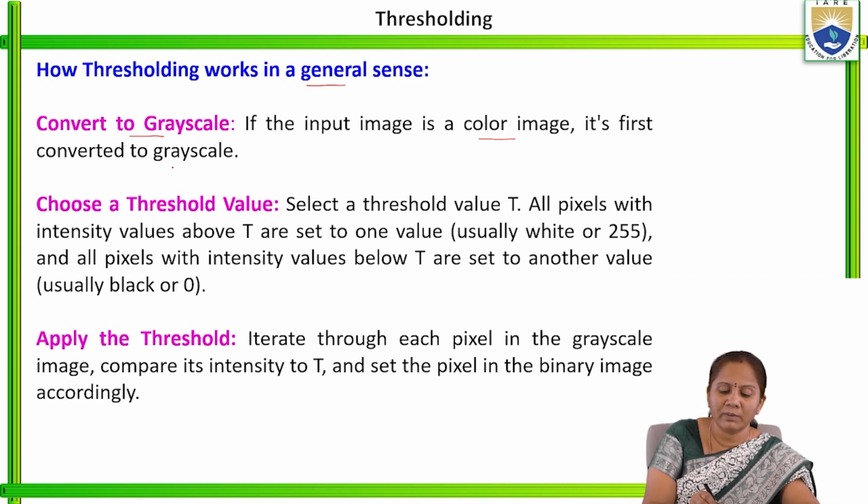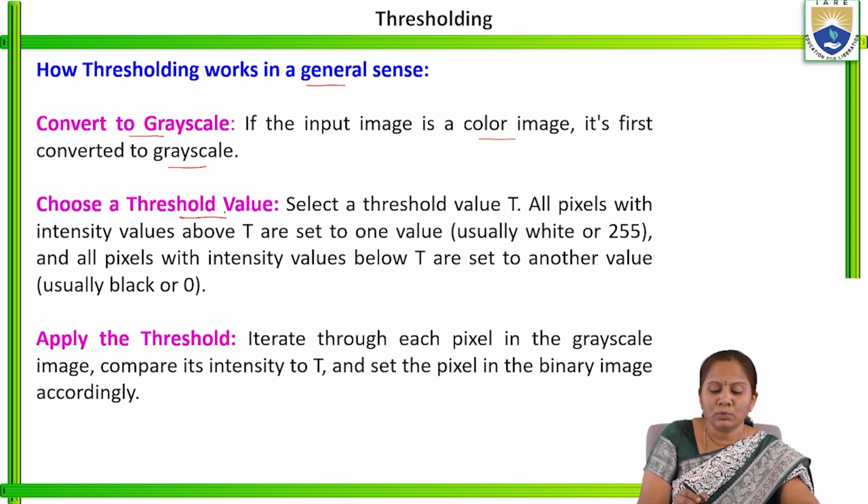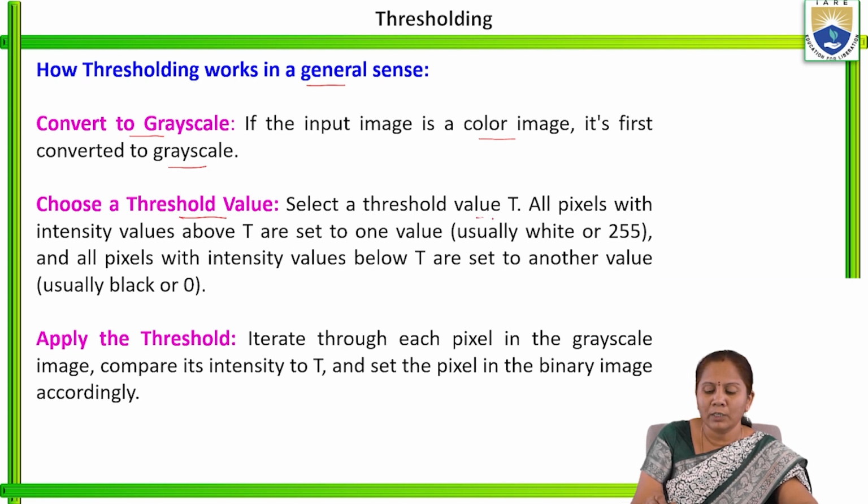If it is a color image, it should first be converted into grayscale. Next, we have to choose a threshold value. It is based on the user or on some criteria for the given problem. So select the threshold value, which is represented as T.